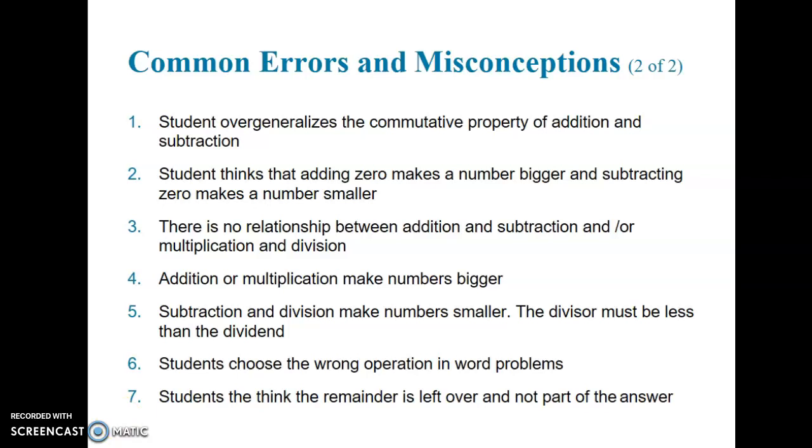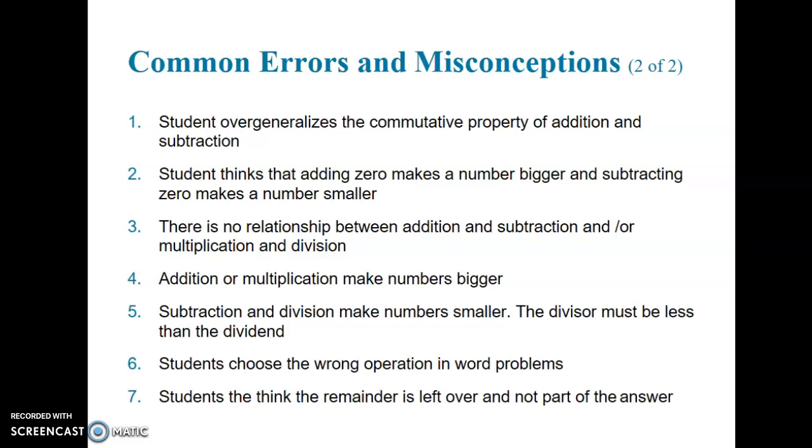Students may say 6 + 0 = 7, or 12 − 0 = 11. Use story problems that introduce adding and subtracting 0 in a meaningful context that students can act out. Students don't use addition to solve subtraction situations. Students don't use multiplication to solve division.